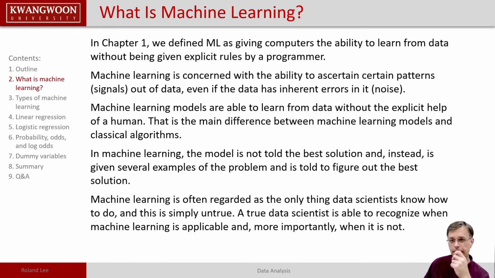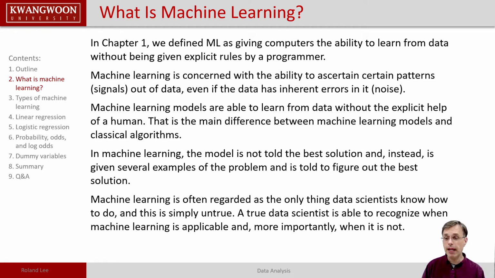In machine learning, the model is not told the best solution, and instead is given several examples of the problem and is told, figure out the best solution. Now, machine learning is just another tool in the toolbox of data scientists.